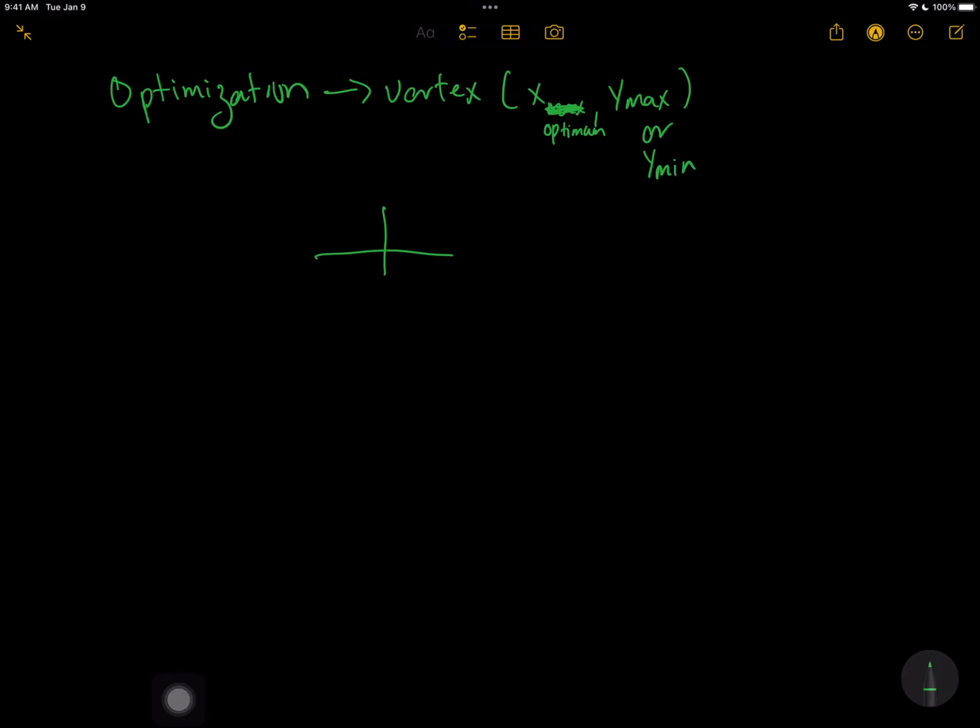Remember, if your parabola opens this way, it will have a max. But if it opens downwards, it will have a min. So if the question says the smallest amount of land that he needs, or if it asks what's the maximum number of flowers that he needs to make, either way, they're asking us to optimize, asking us to find the vertex.